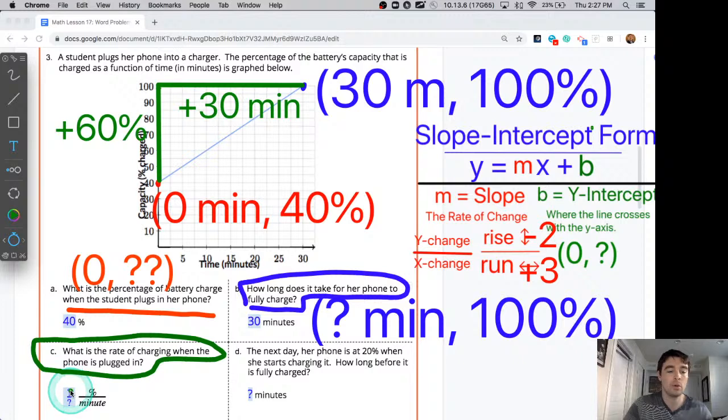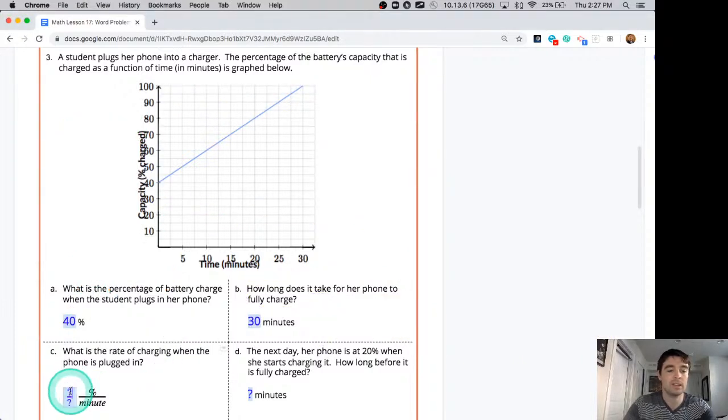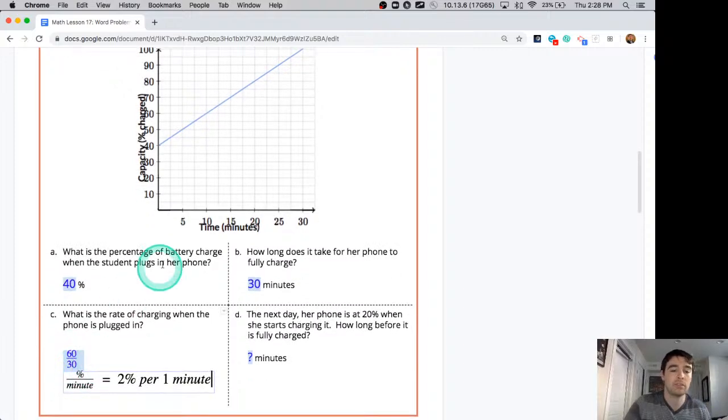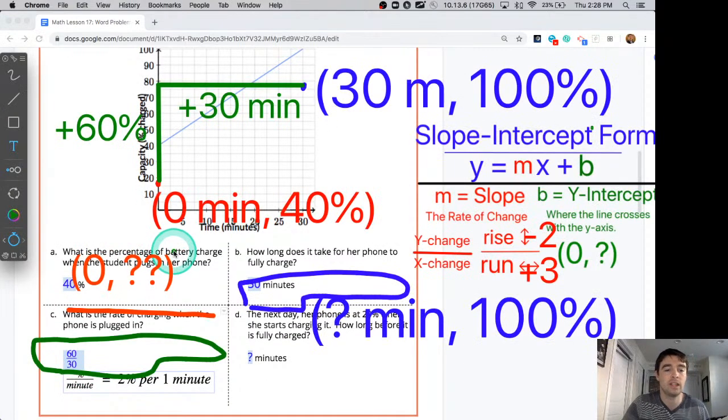I see that the phone's charging at 60% every 30 minutes. And that can simplify even further. 60% every 30 minutes is 2% per 1 minute. And that's really what our slope is at the end of the day here: 2% every 1 minute.